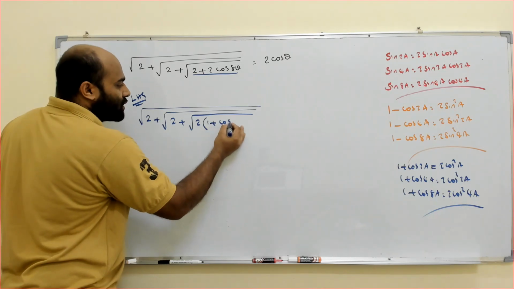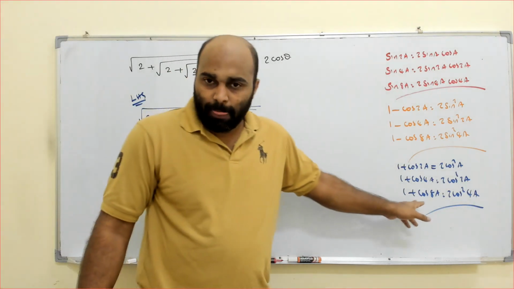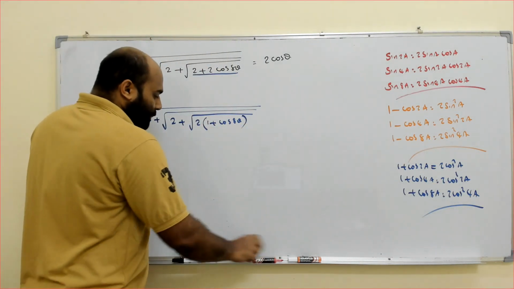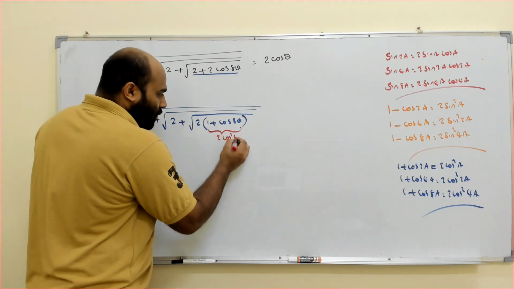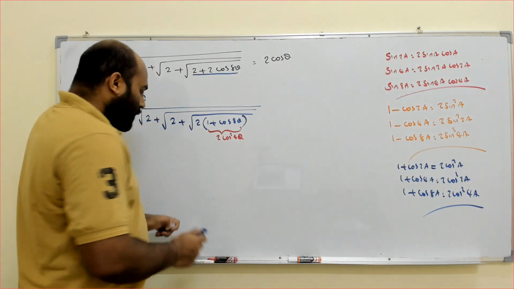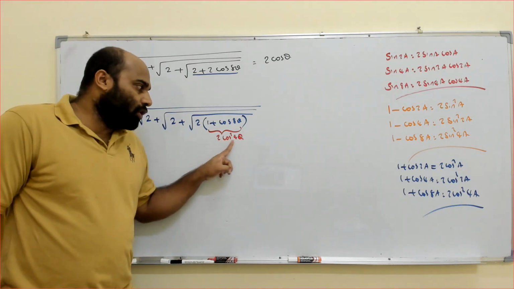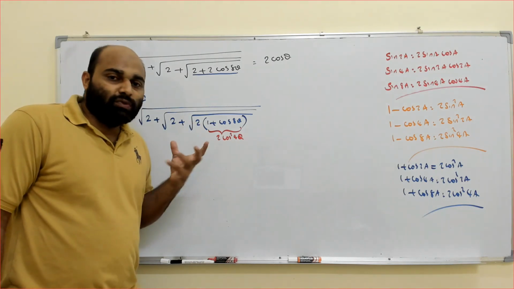1 plus cos 8 theta. What is 1 plus cos 8 theta? That is 2 cos square 4 theta. So this can be replaced by 2 cos square 4 theta. Now please observe, 2 into 2 is 4, so 4 cos square 4 theta. What is the square root of 4? It will be 2.